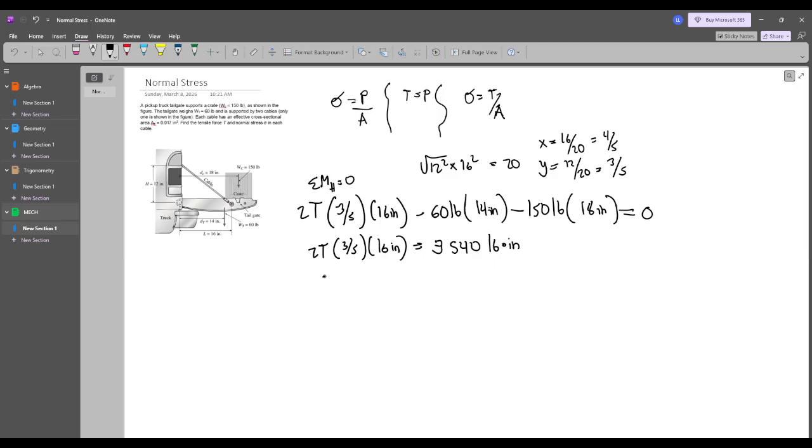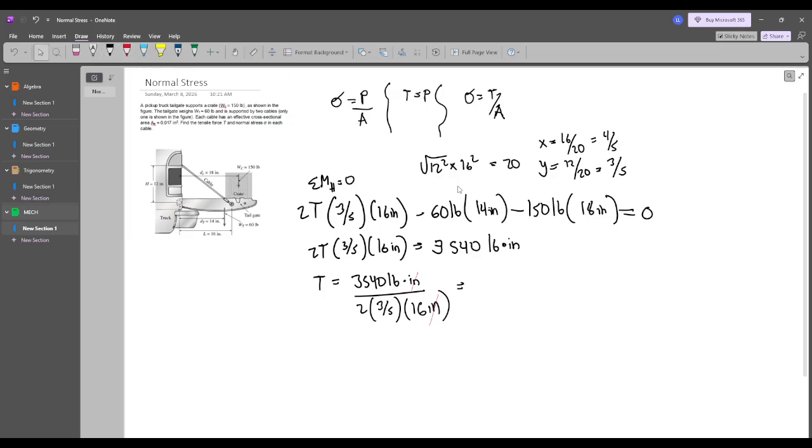Next step, T equals 3540 pounds per inch divided by 2, 3/5, 16 inches. Don't be confused, this is pounds and this is inches. Cancel out the same terms.